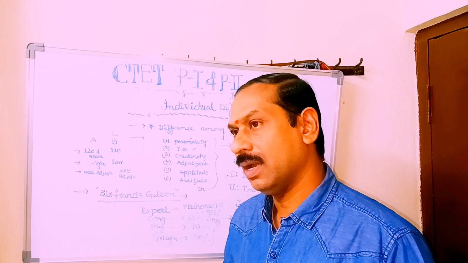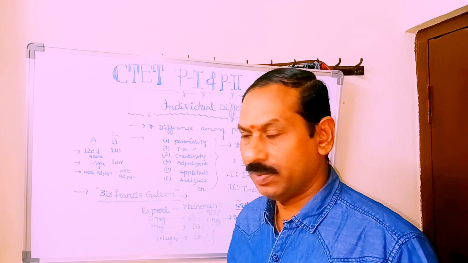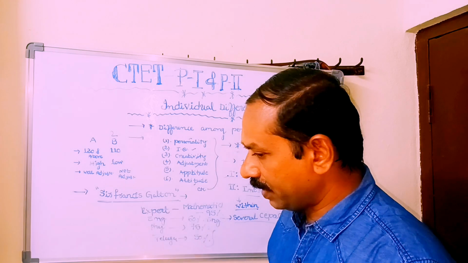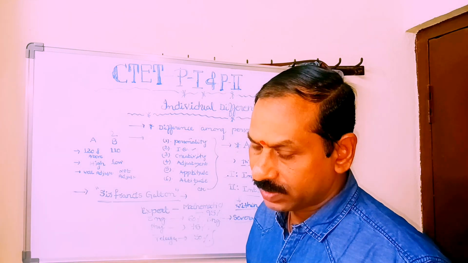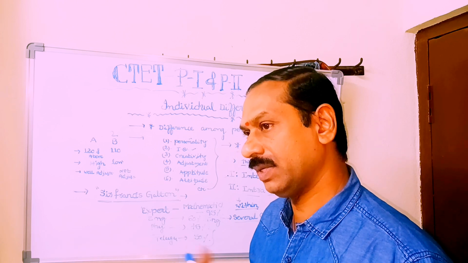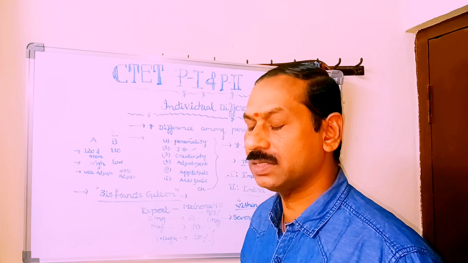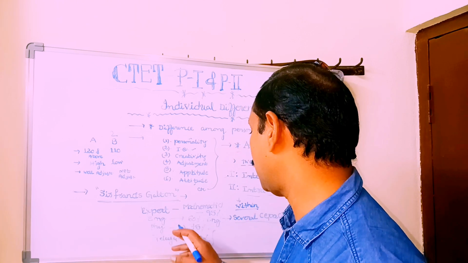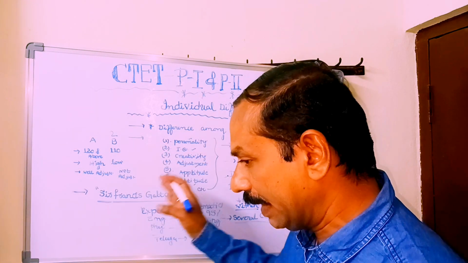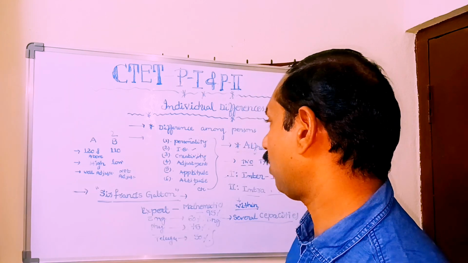Some may be expert in mathematics, while the same person may not be expert in English or physics. That is the difference within himself in his capacities, known as intra-individual differences. So this is inter-individual and intra-individual differences.